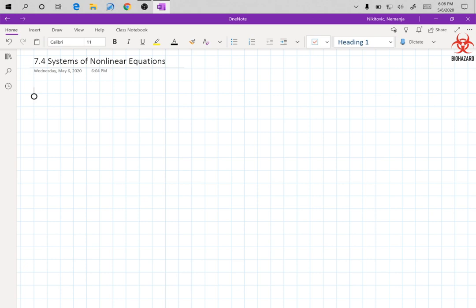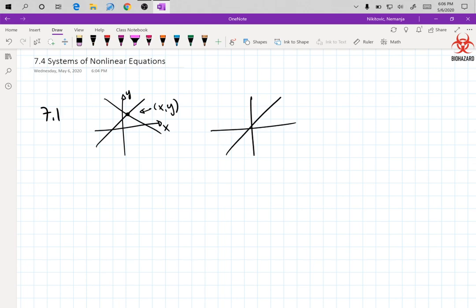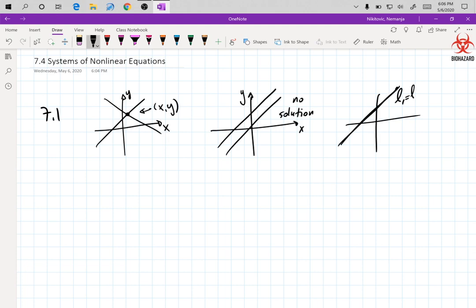Before we jump into it, I will mention that you can have different types of solutions here. 7.1 will introduce something like this, where you have a point (x, y) as a solution, or lines are parallel, and if the lines are parallel, that's no solution, and you can have one line graphed on top of the other line, so that's infinitely many solutions.